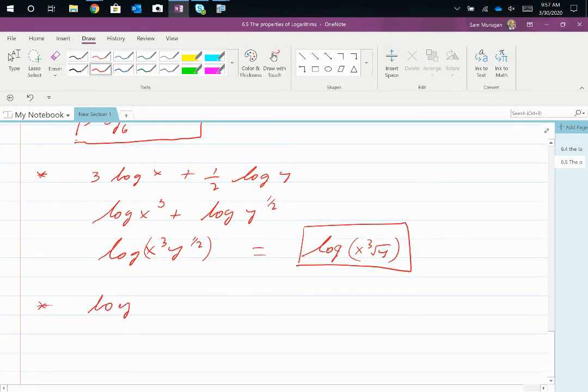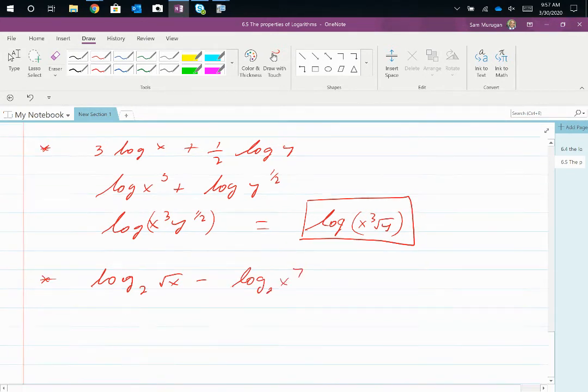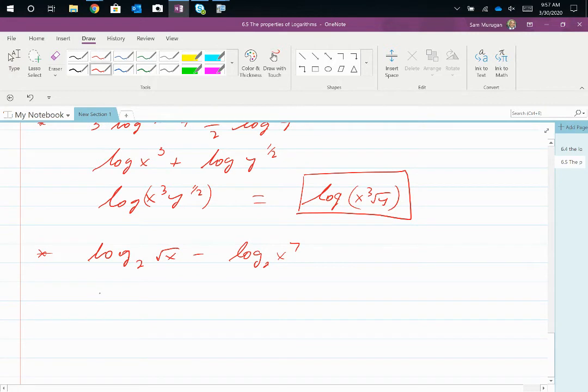Log base 2 of the square root of x minus log base 2 of x to the power 7. So this is a quotient, log base 2. Remember, this here is log base 2 of x to the power half minus log base 2 of x to the power 7.